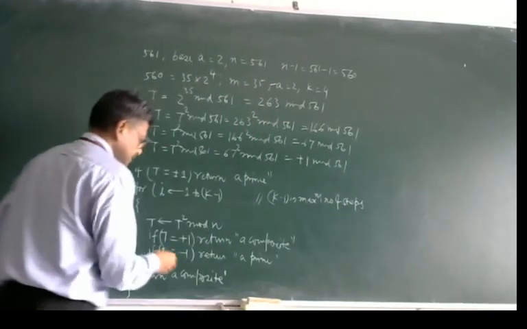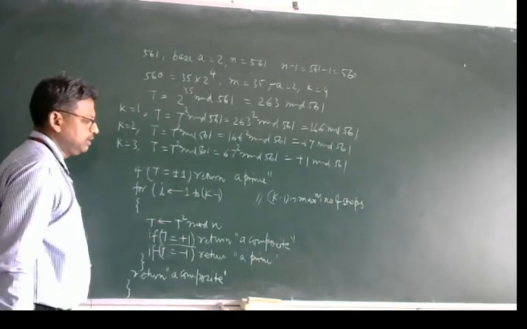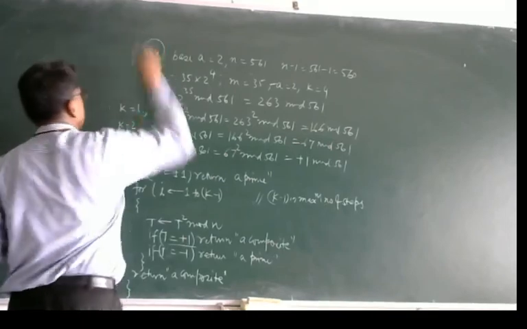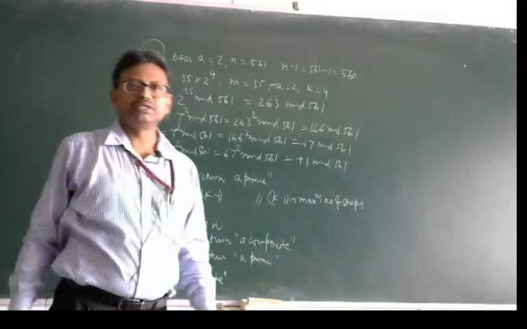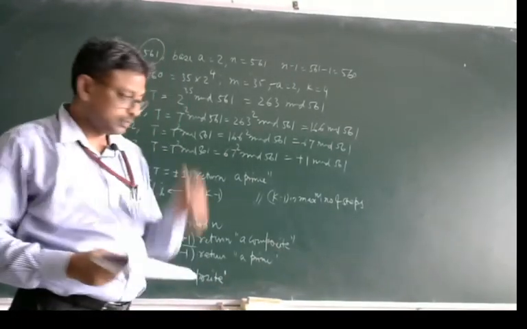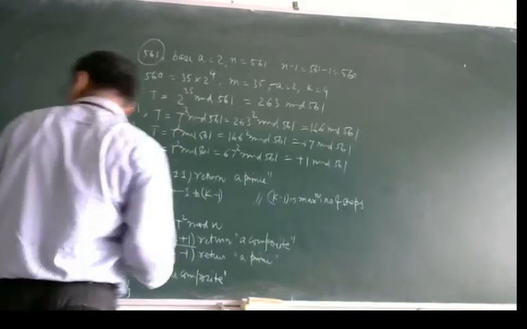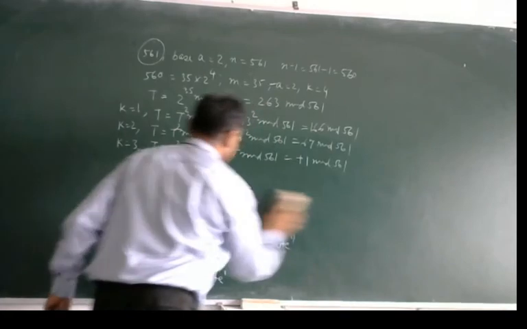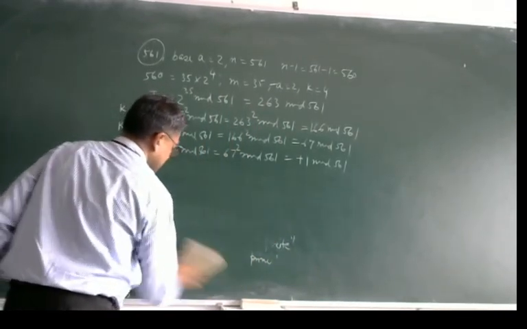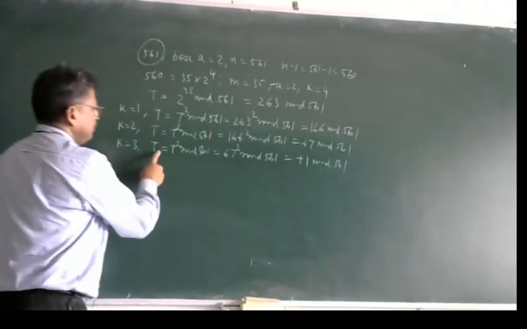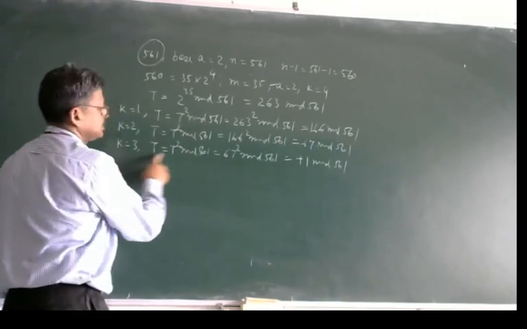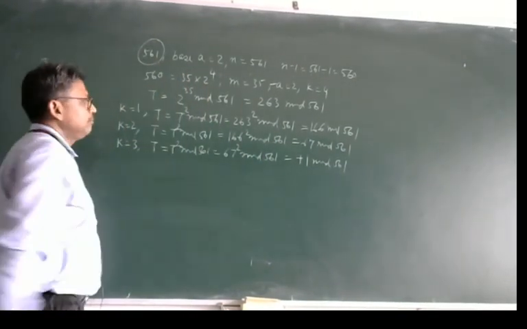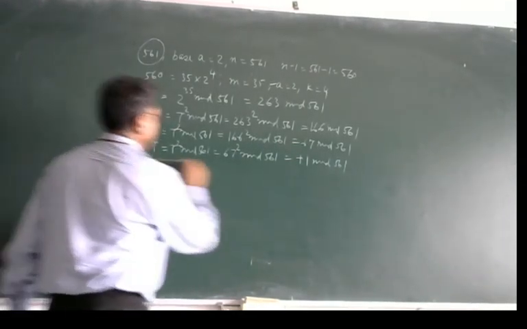So since you are getting that t is equal to plus 1, it means this 561 is not a prime number, it is a composite number. You can check and test another number too, but if in the last step we get minus 1, then in that case whatever number has been considered will be a prime number.